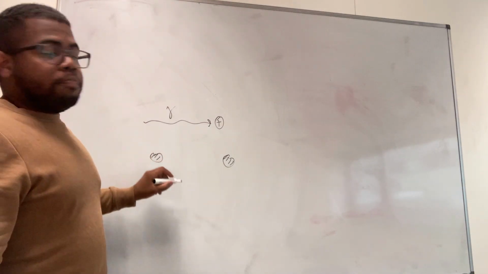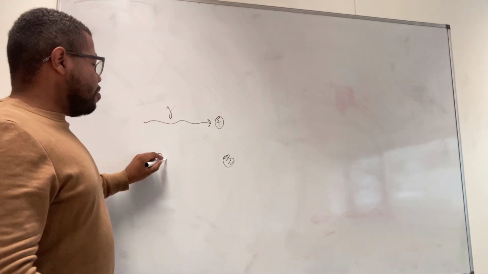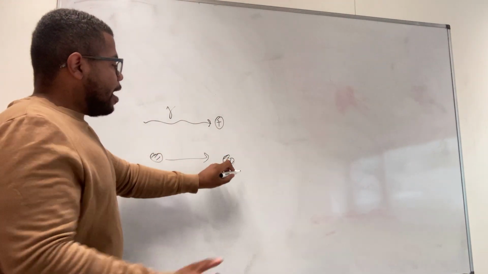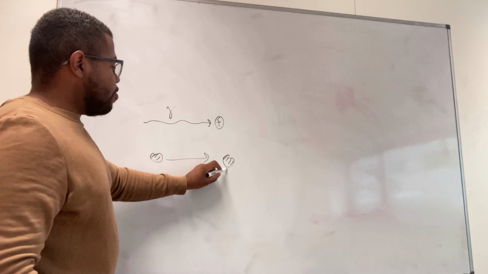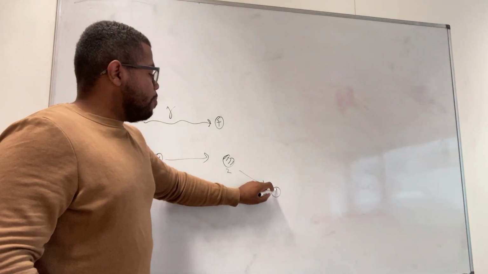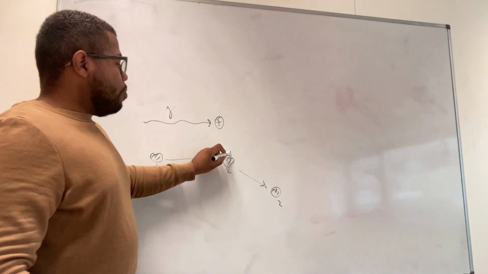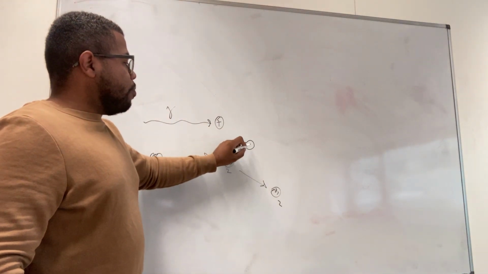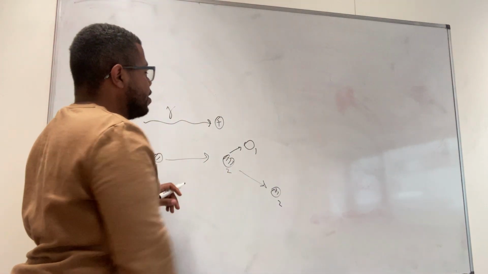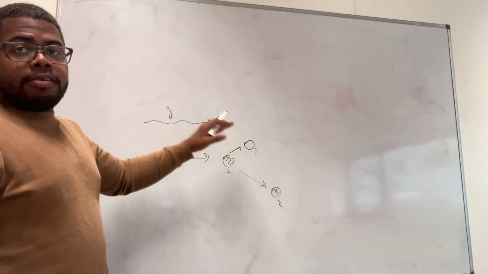So let's say these are two billiard balls and this one's standing still. You shoot that billiard ball at the other one, it scatters off, makes ball 2 go a little bit in this direction, and makes ball 1 go maybe a little bit slower in this direction as it transfers some of its momentum to the second ball. The same thing happens with light.